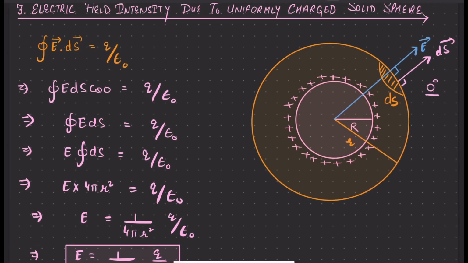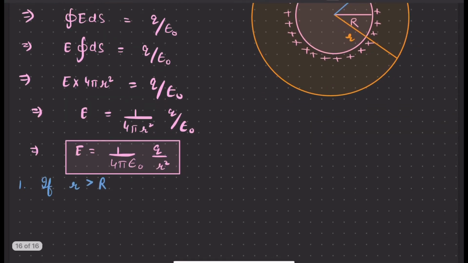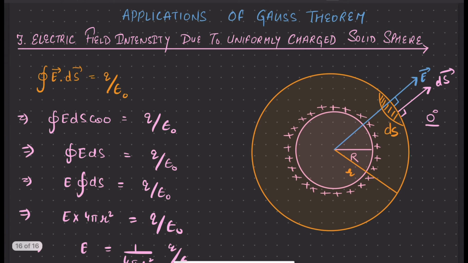The case is same which we have already discussed, that is we will have E is equal to 1 upon 4 pi epsilon naught q upon r square, or we can say E is inversely proportional to r square. So the expression is same in this case as earlier in case of uniformly charged hollow sphere.